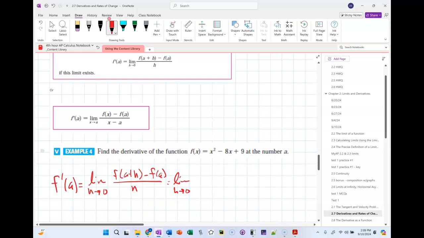So when I plug that in, I'm going to have a plus h squared minus 8 times a plus h plus 9, minus a squared plus 8a minus 9, all over h. Is everybody okay where all that gobbledygook comes from?